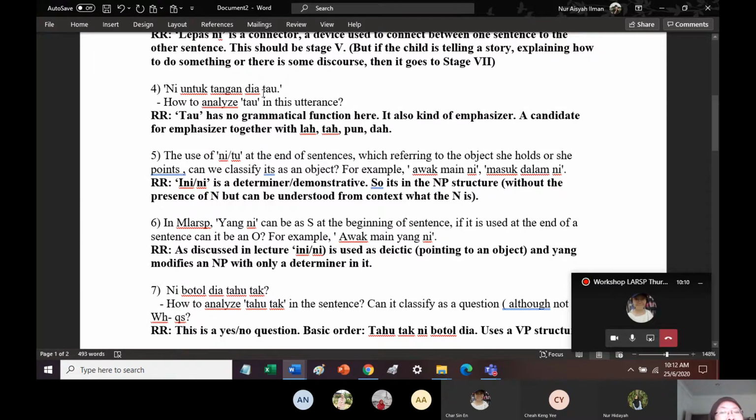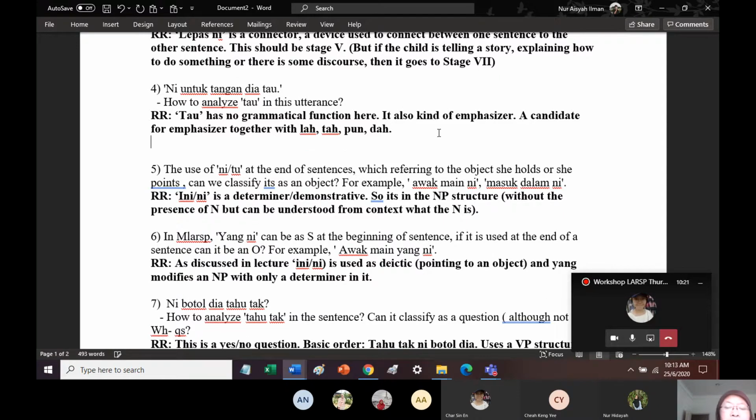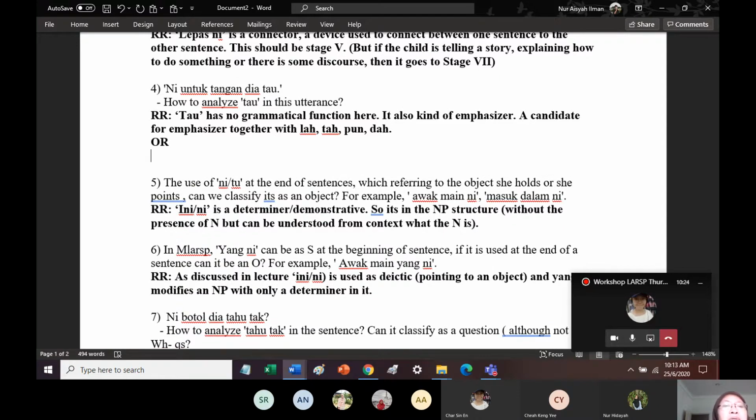There's another way of analyzing this. I can write here, I say "tahu dia, tahu ini untuk tangan dia." So actually tahu is tahu, a verb.